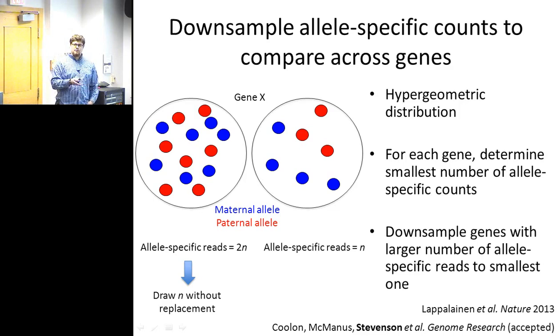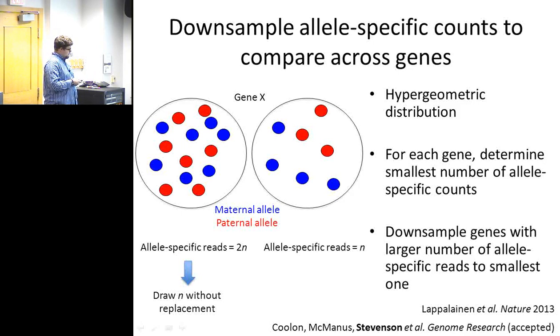Is that kind of clear how this is working? If we had more than two samples, we would simply take the smallest sample and downsample all other samples to that size. And the reason the hypergeometric distribution works well for this is because this is the description of the hypergeometric distribution.